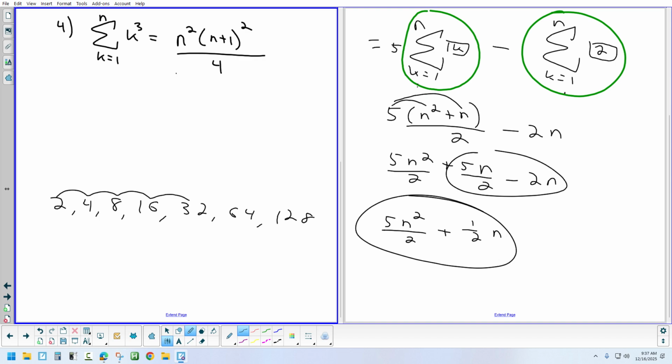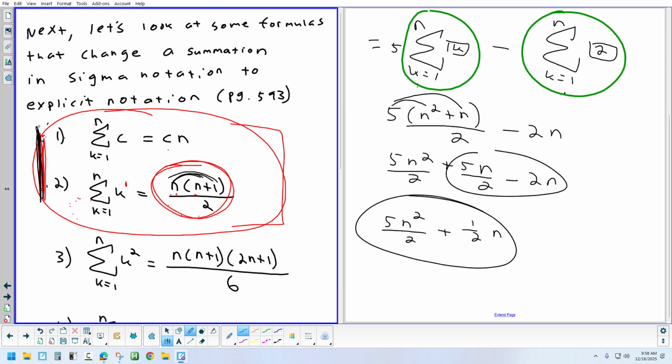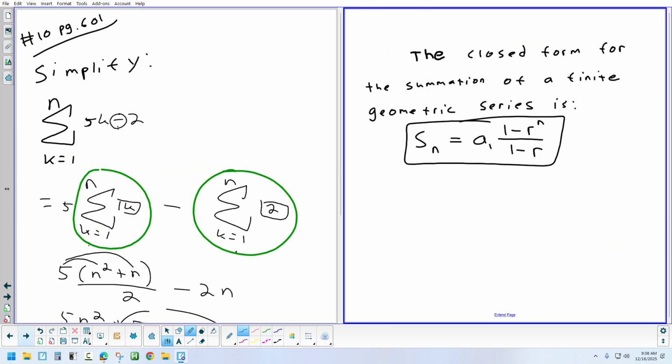Well, if you wanted to add up every number in this sequence, starting with the first one, all the way to the 5,000th one, you can do that very easily. It's not one of the rules that we had right here. It's that rule. So that's the formula for adding up all the numbers in a geometric sequence.